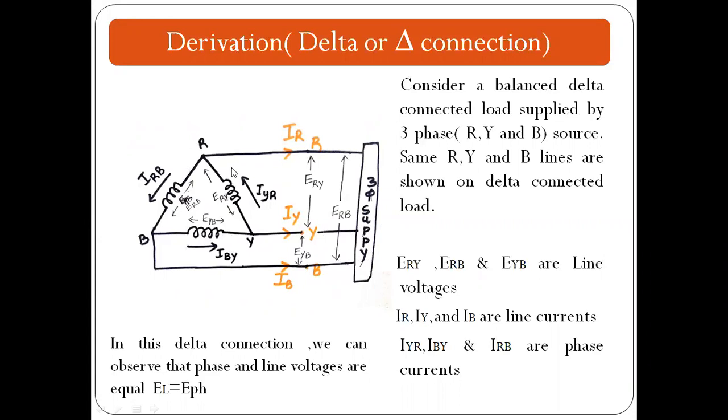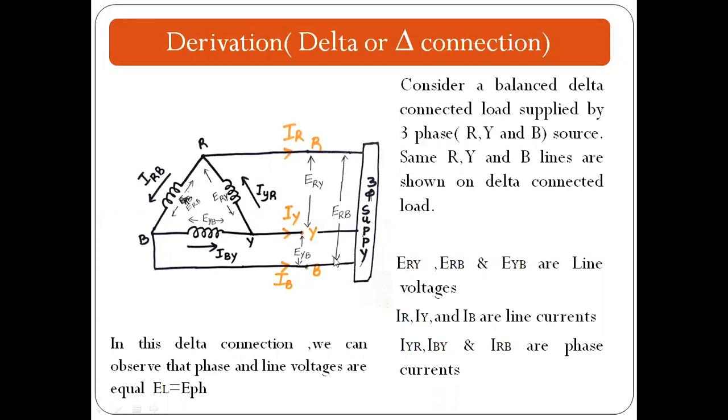In this, ERY, EYB and ERB, these three are the line voltages, and IR, IY, IB are the line currents, and IYR, IBY, IRB are the phase currents. The current flowing in the phase is called the phase current. And one more thing in this case is the phase voltage ERB between R and B.